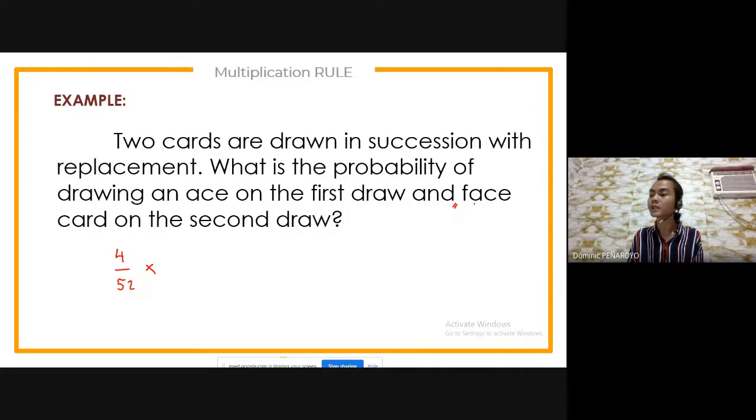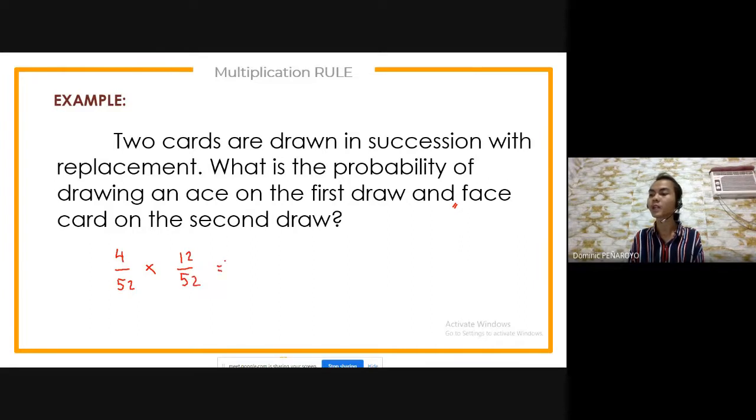So, what is the probability of getting a face card? Yung face card natin, we have Jack, King, and Queen. Yung Jack meron tayong apat, yung Queen meron tayong apat, yung King meron tayong apat. So, 3 times 4, that's a total of 12 face cards. So, that's 12 over 52.